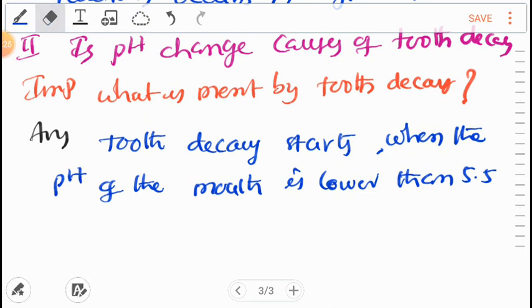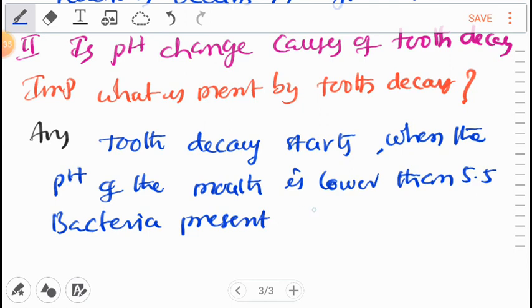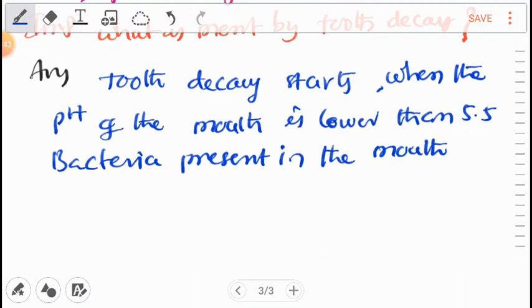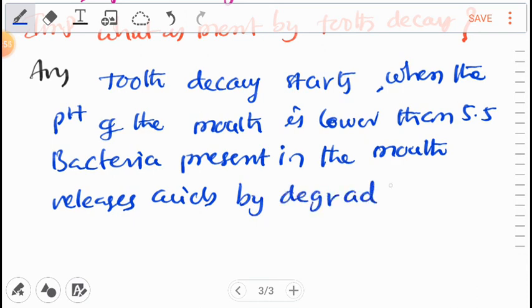So what will happen? Bacteria present in the mouth release acids by degradation of food particles.